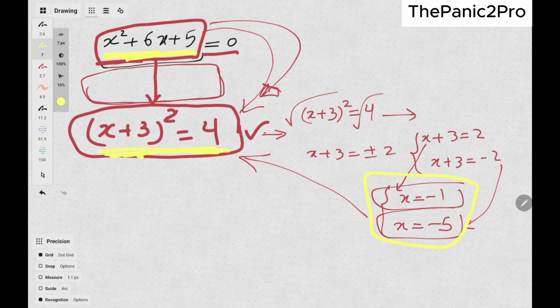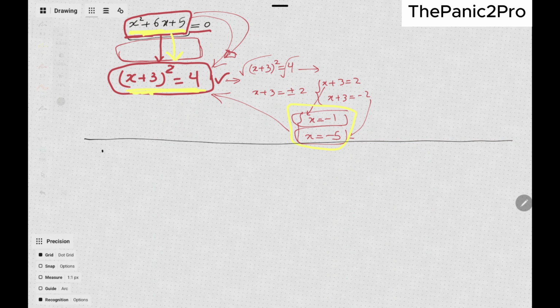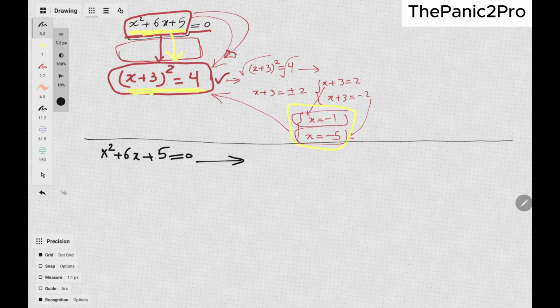So now the question would be how to go from here to here, and that's something that I'm going to show you. So now the thing we are facing is how to get from this format, x2 plus 6x plus 5 equals 0, to the format x plus 3 squared equals 4. So we want to see what the steps in between are.